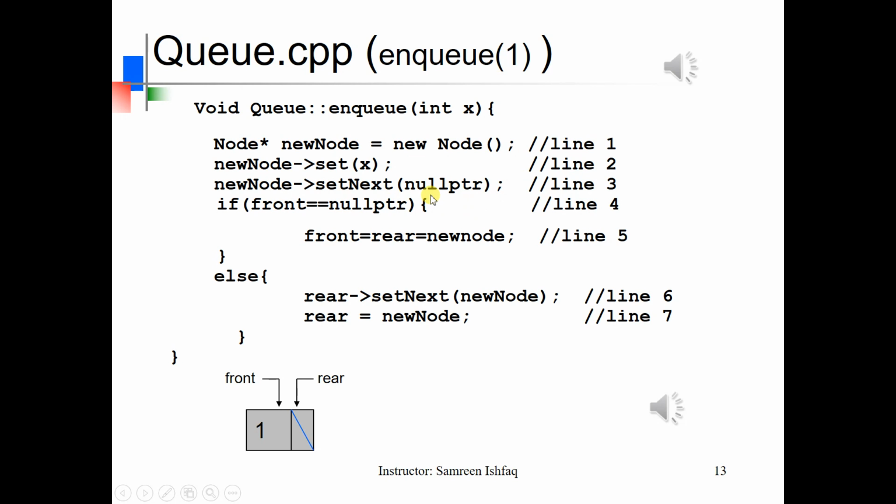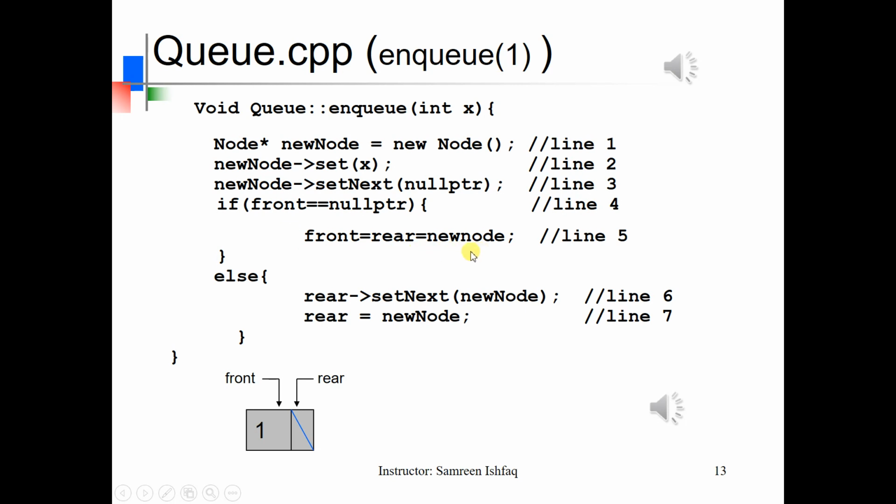Now we need to decide if that node is the first node of your queue, or you are adding a second, third, or fourth node. So for that we need to add a check. If front is equal to nullptr, it means that your queue is empty and you are inserting an element that is the front and rear of your queue.